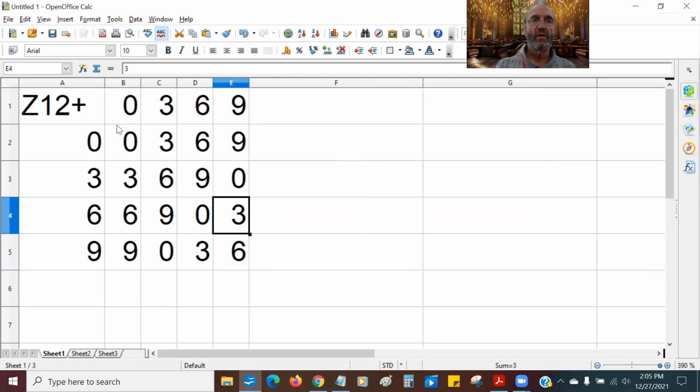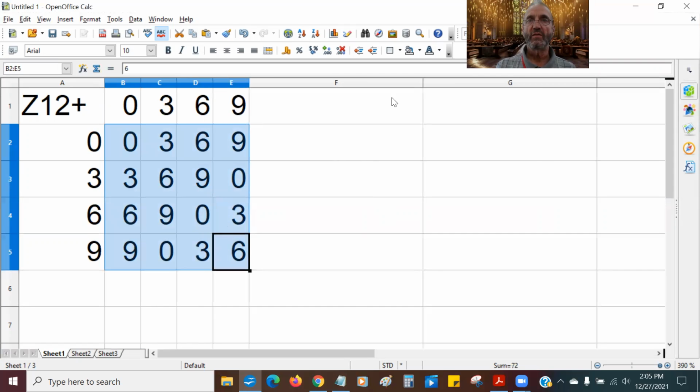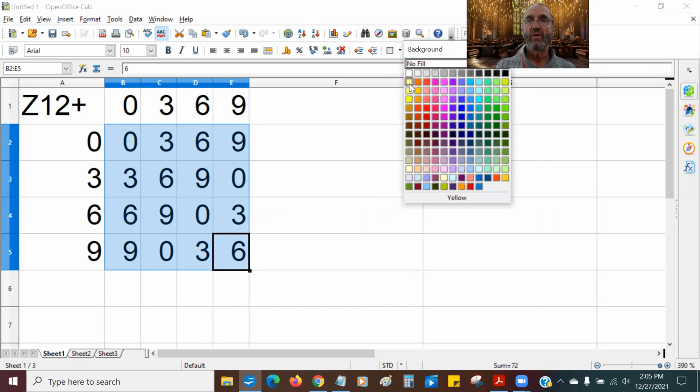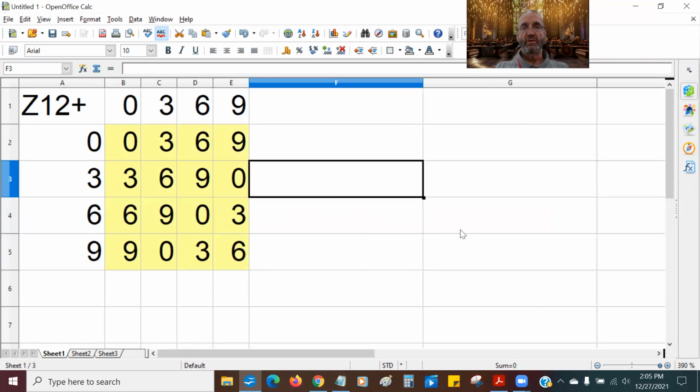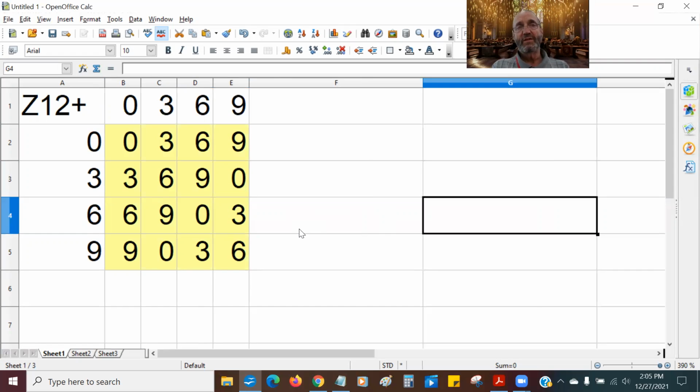So again, this is a group because we have 0, which is the identity element. There's a 0 in every column and a 0 in every row, like Sudoku. The inverse of 0 is 0.